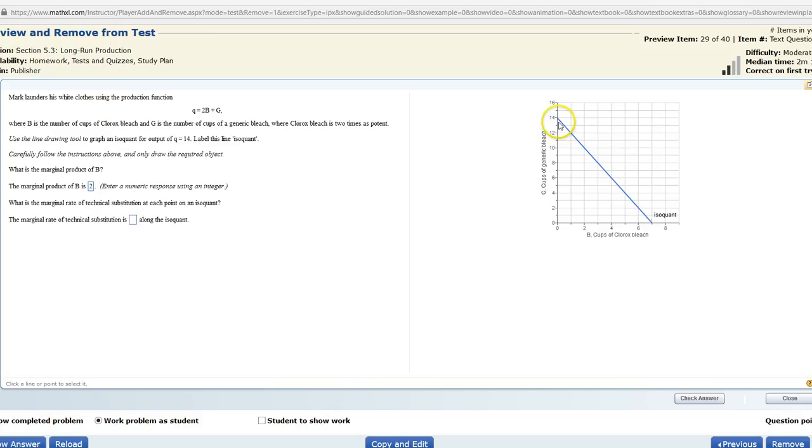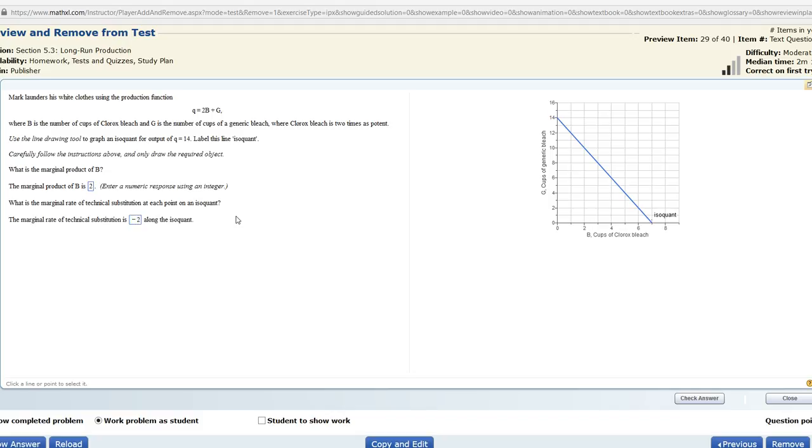The slope is simply the vertical intercept divided by the horizontal intercept, and we need to add a minus because this is a decreasing straight line, sloping downward. So 14 divided by 7 is 2, and with the minus, this is minus 2.